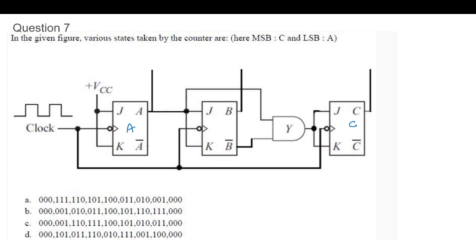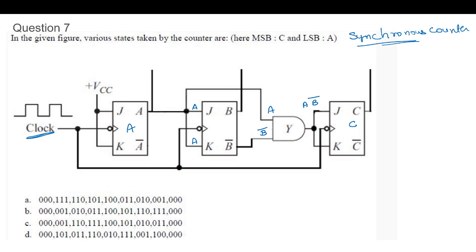Here all the flip-flop clocks are connected to a common clock. So it is a synchronous counter. And this is A, B bar.